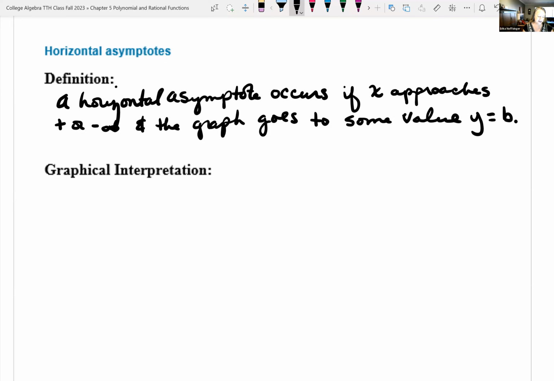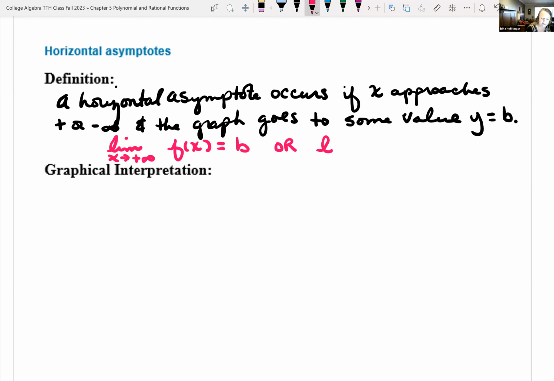So just so that you're a little bit familiar with the notation and see it again once you get into calculus, you're looking at the limit. So saying as this x value is going somewhere, and then underneath we tell it where that x value is going. So as x with an arrow is going to positive infinity of our function f of x, this is equal to some y value of b.